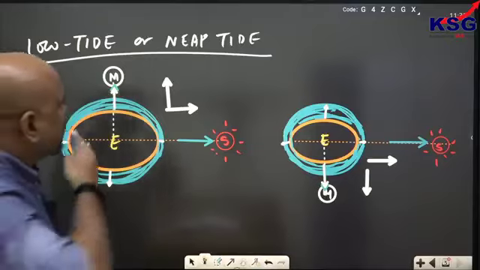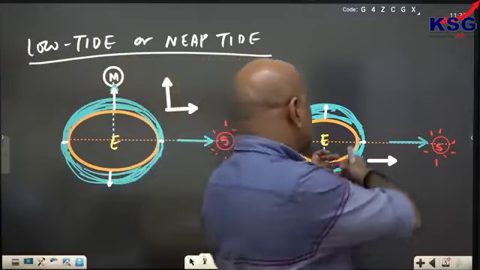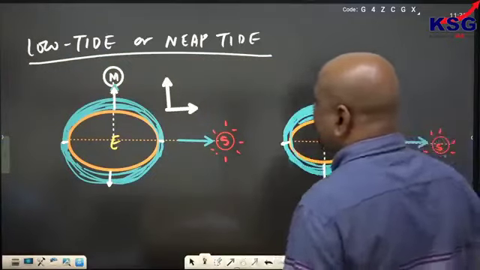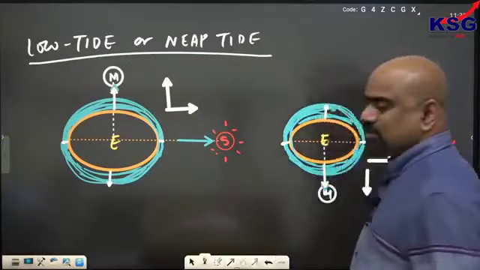Okay. So between this direction of the force you see here how it is in this case. This is low level, the tide will be of low height.